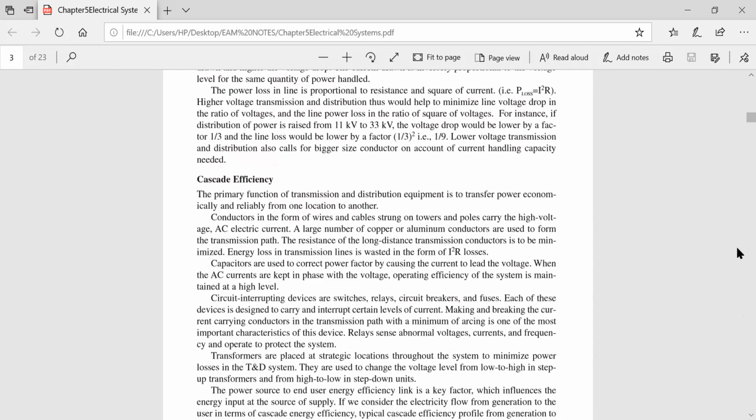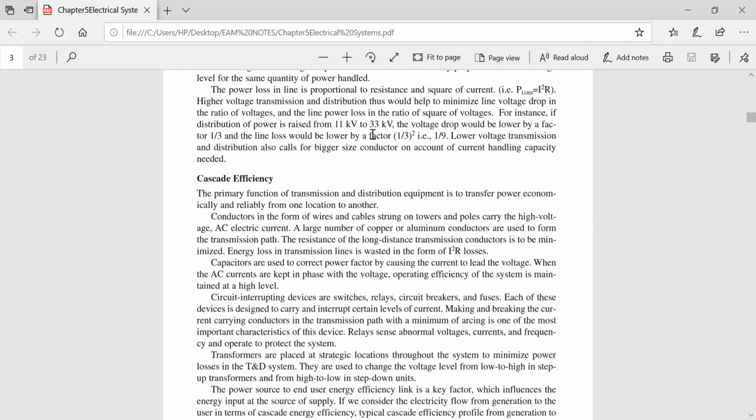When we talk about the transmission line and distribution, the primary function of the transmission and the equipment installed is to transfer the power in an economical and reliable way from one location to another. The conductors in the transmission line will be copper, aluminum, or ACSR.